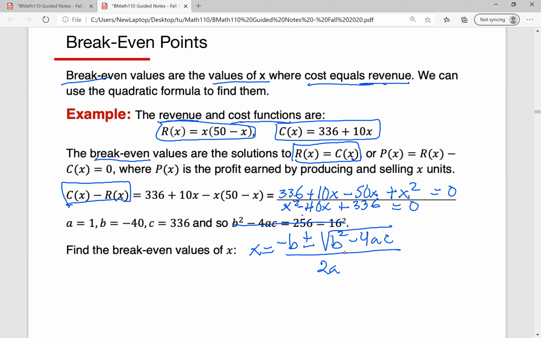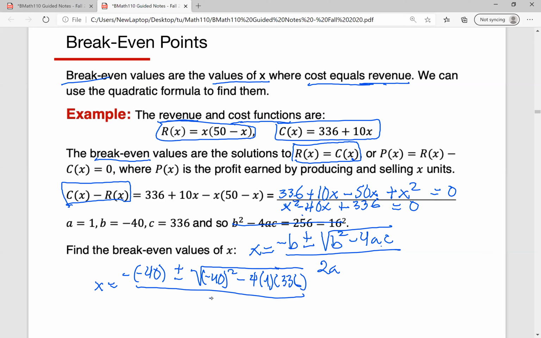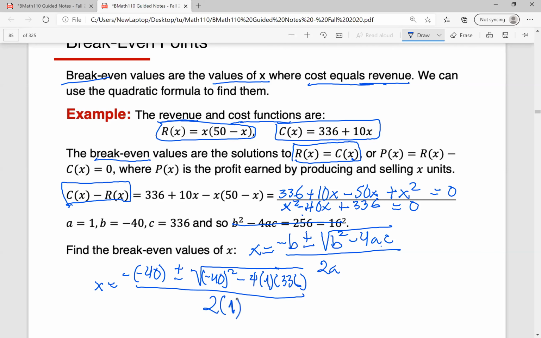So I'm going to plug in everything and have x equal to negative b, which is negative 40, plus and minus square root of negative 40 squared minus 4, a is 1, c is 336, and then everything divided by 2 times 1.